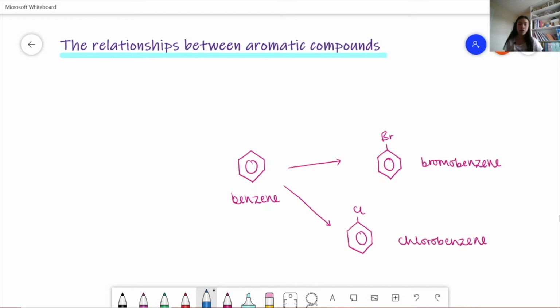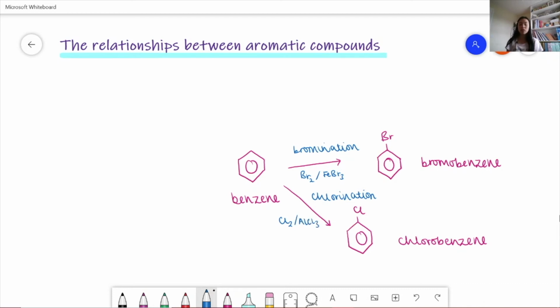So we've reacted the benzene with some bromine with a halogen carrier, so it has to be a bromine carrier, for example iron bromide. And for the chlorination, we've added chlorine in the presence of a chlorine carrier, some aluminium chloride, for example.